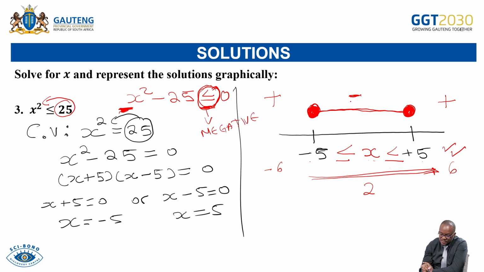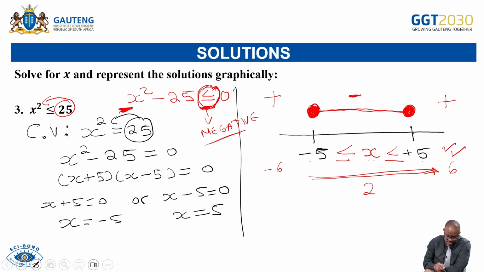So negative numbers, you can see that they are between the interval of -5 and 5. That's why we're saying x is between -5 and 5, where we have negative numbers. So this type of questions, they are very easy and they carry marks. So learners need to understand how to deal with these inequalities.